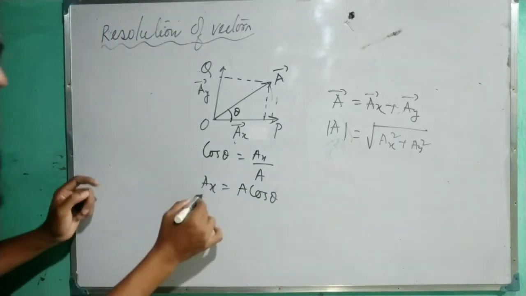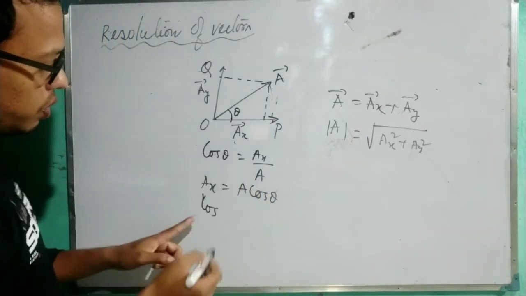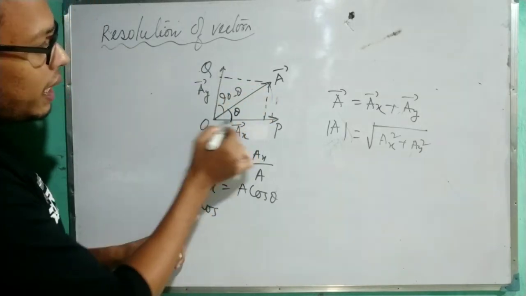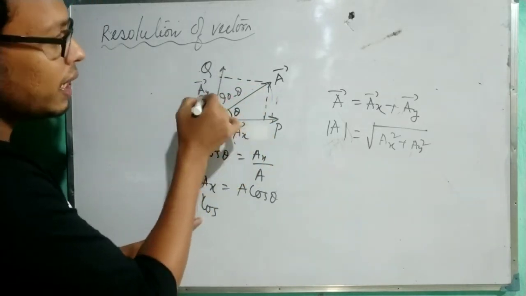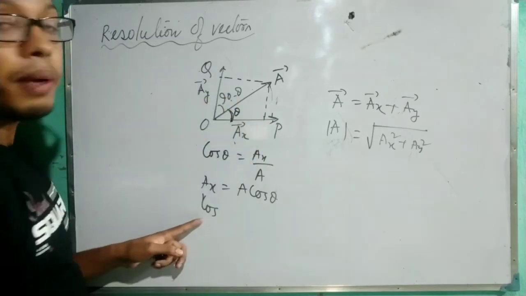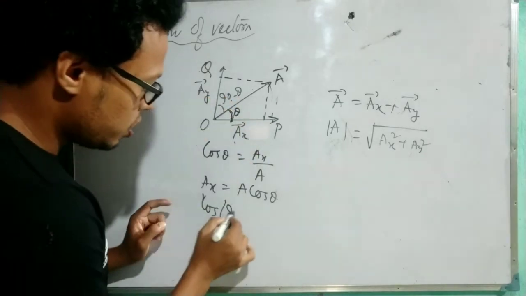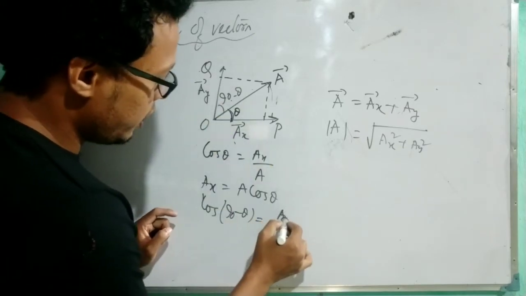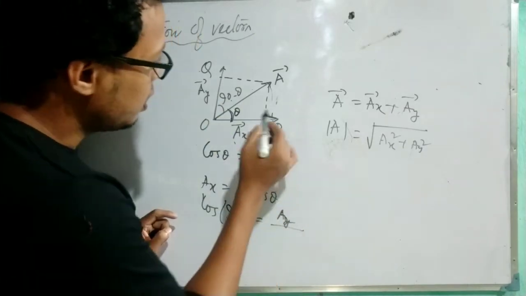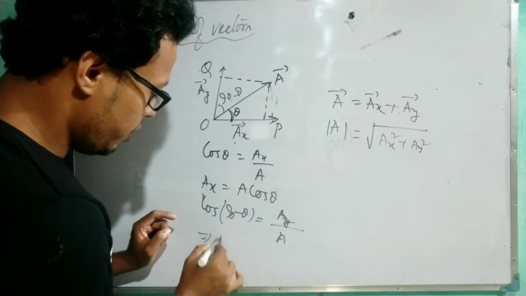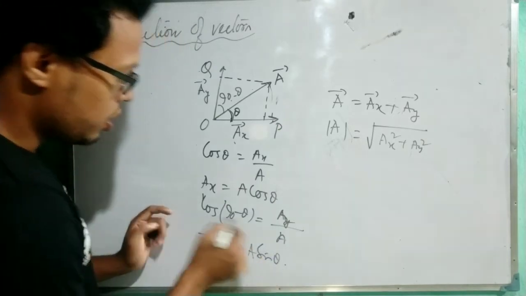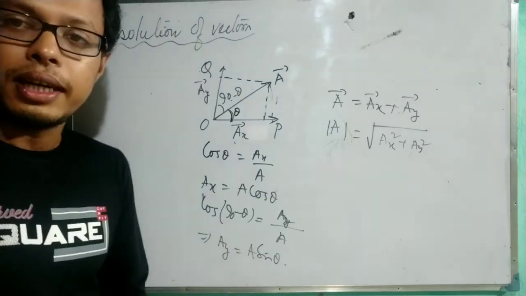Now see, this angle will be 90 minus theta, because the total angle between x and y is 90, and as this is theta, the remaining part will be 90 minus theta. So cos of 90 minus theta is AY divided by A, so AY equals A sin theta, because cos 90 minus theta equals sin theta.